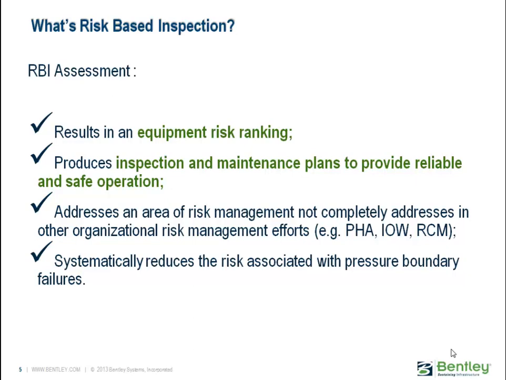RBI complements the PHA by focusing on mechanical integrity related damage mechanisms and risk management through inspection. RBI is also complementary to the RCM program. RBI provides a vehicle for continuously improving the inspection of facilities and systematically reducing risk associated with pressure boundary equipment.